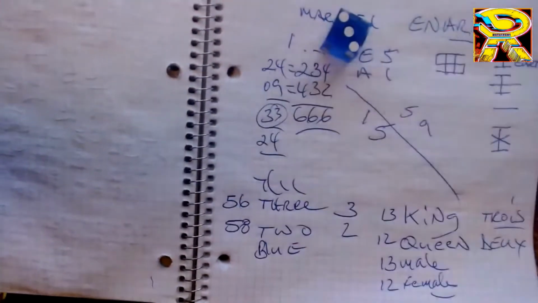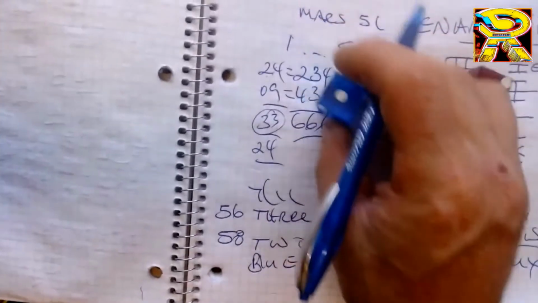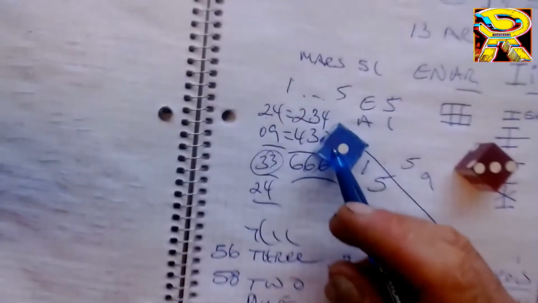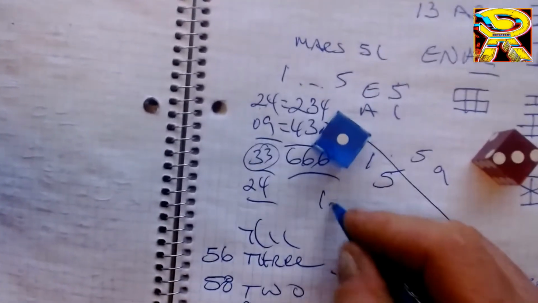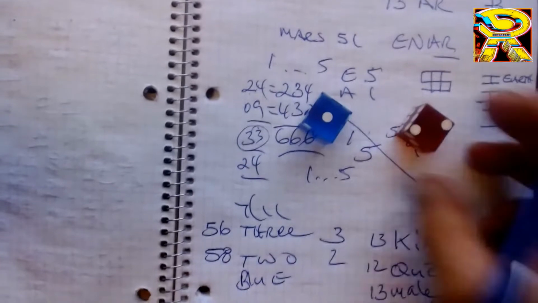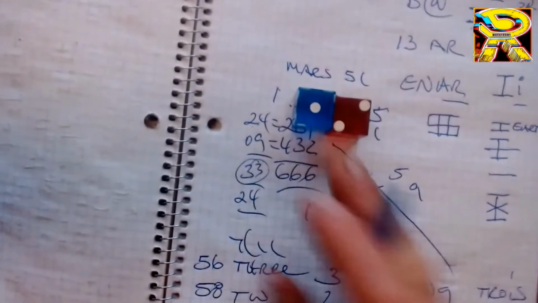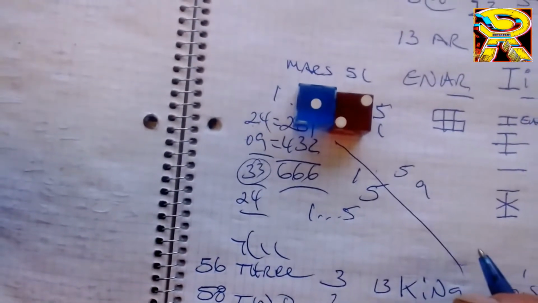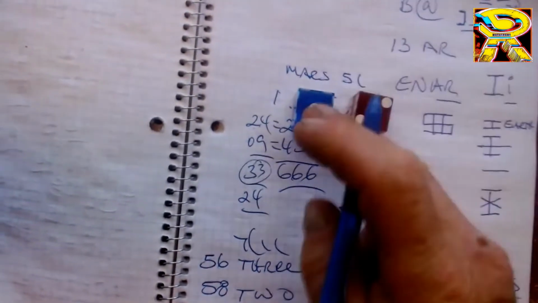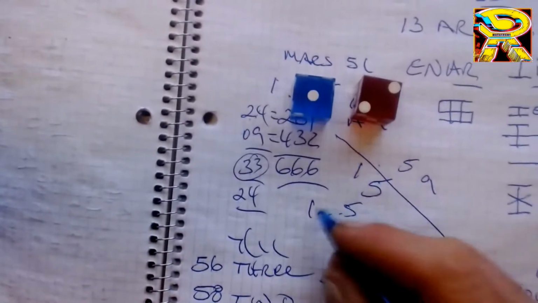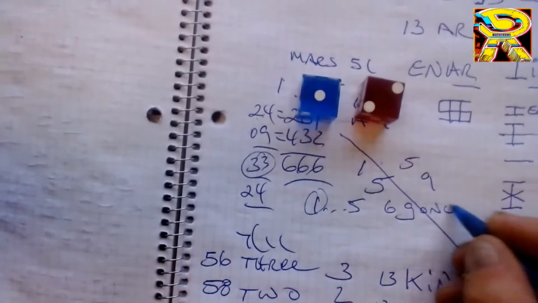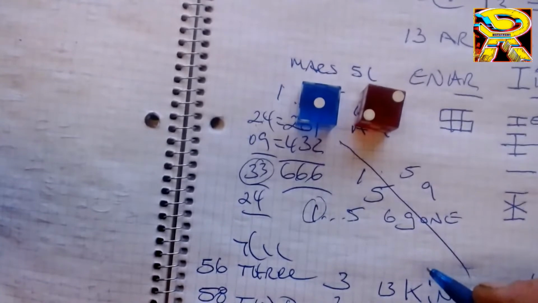So when we have 1 and 5, what it means is we're going to be playing with 1 all the way to 5. But then after that, the next part is 2. These are the only 2. It'll be 1, 5, or it'll be 2, 6. Why is that? Because when the 1 through 5 is up, the 6 is gone.